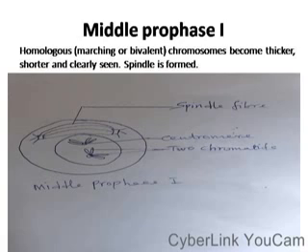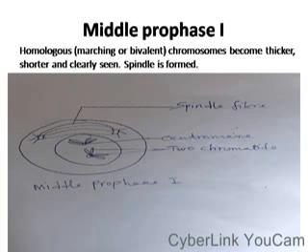In the middle prophase I, homologous or matching chromosomes become thicker and shorter and clearly seen. Homologous or bivalent chromosomes are the two sets of chromosomes in a diploid cell.